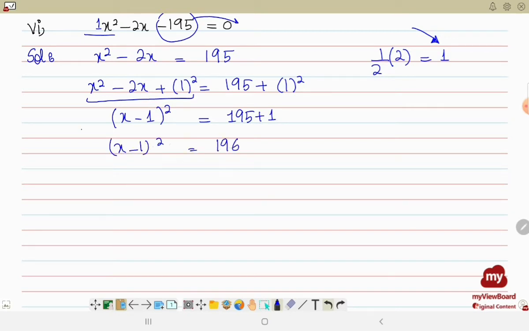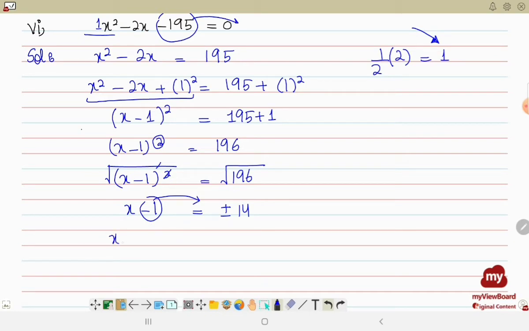Now since we have to remove this square, we'll take the square root on both sides. So here it will become x minus 1 equals plus minus 14. We just need the value of x, so we'll shift this term, that is 1, to the other side. It will become x is equal to 1 plus minus 14.